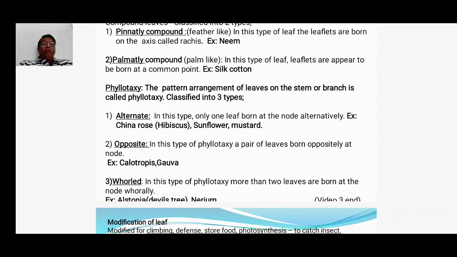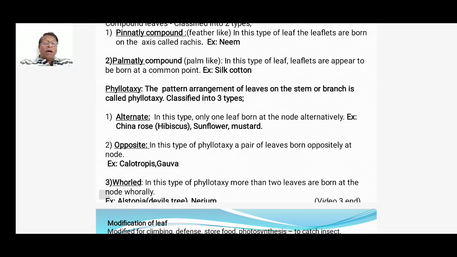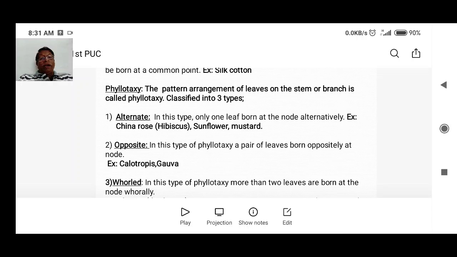Whorled phyllotaxy. In case of Alstonia, Nerium, in this type of phyllotaxy, more than two leaves are born at the nodal region. If more than two leaves are born at the nodal region, then we call whorled phyllotaxy.